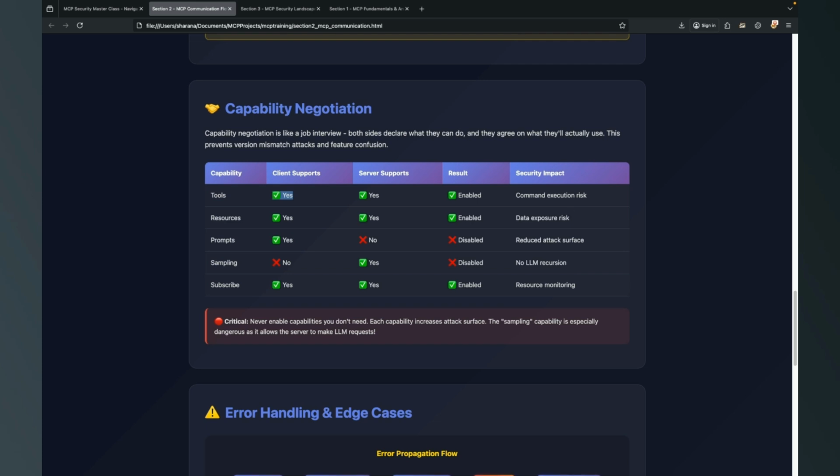And what are resources? As I mentioned earlier, resources are files or documents that are given from a server to the client for model contextual purposes. Here there might be scenarios where you subscribe to these files, continuously monitoring for changes.